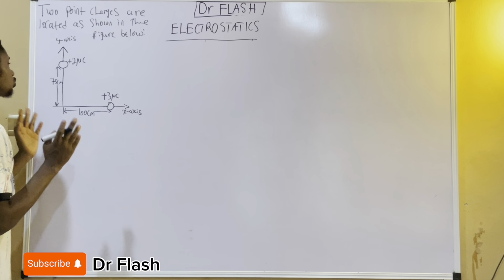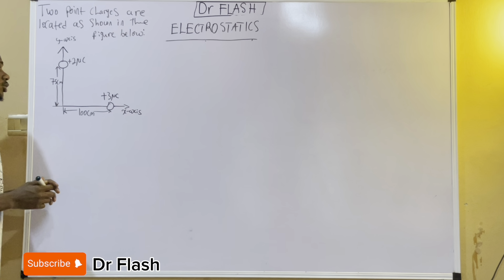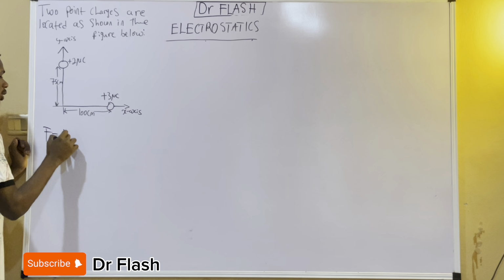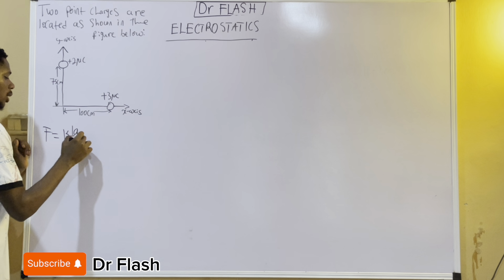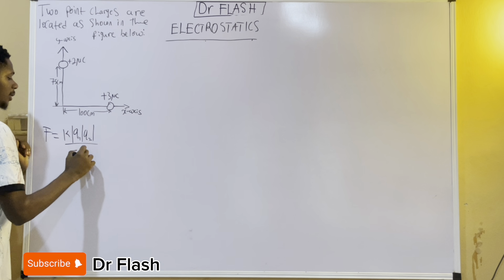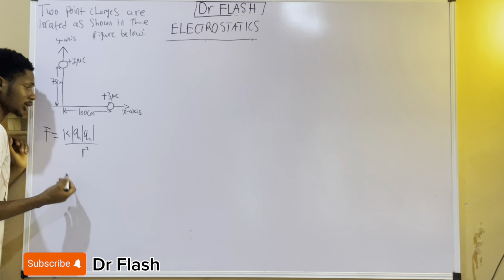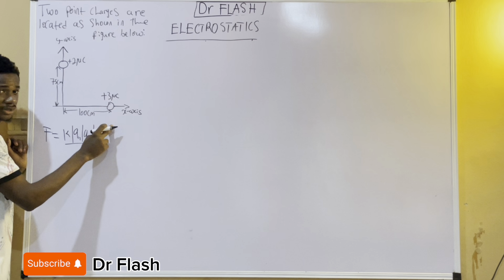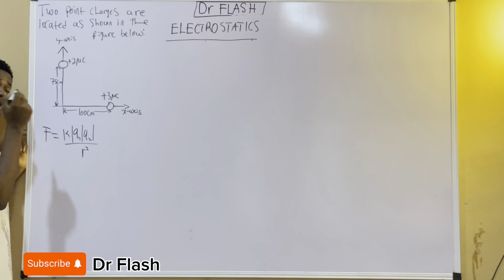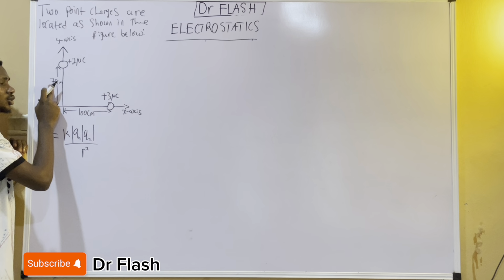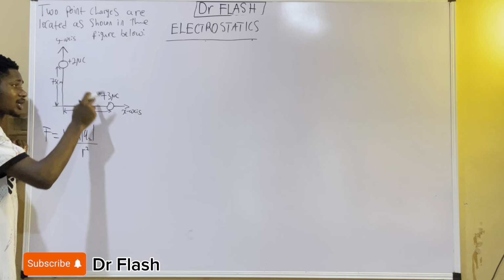The formula remains F equals K Q1 times Q2 divided by the square of their distance apart. Don't make the mistake of adding the 75 and 100 as the total distance apart. Rather, the distance we need is the shortest distance between the two charges. Adding them gives 175, which is a whole lot bigger than the distance between these two.